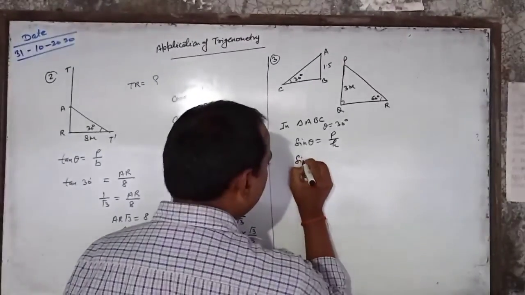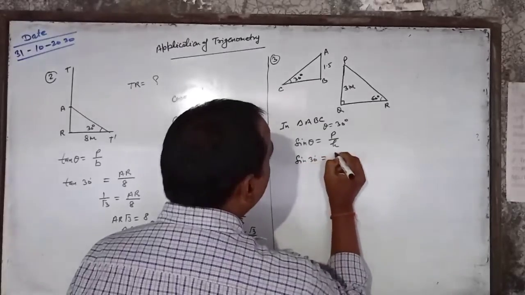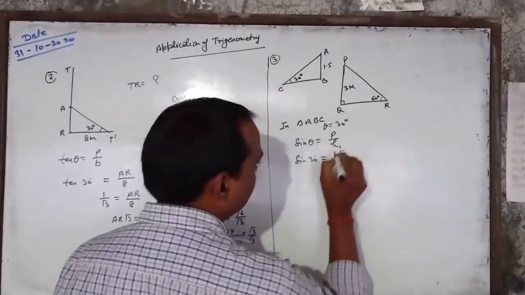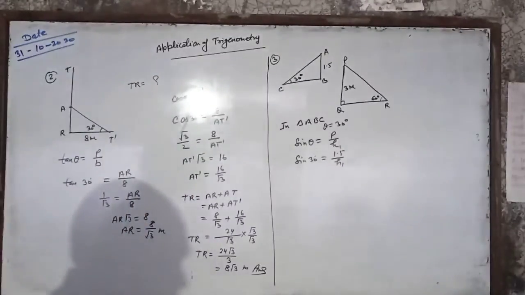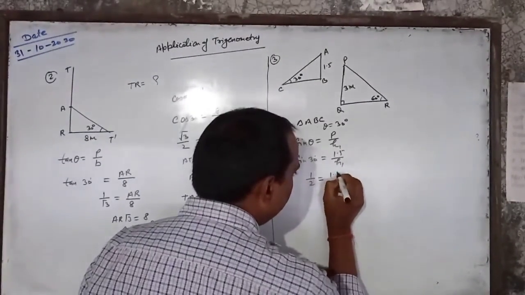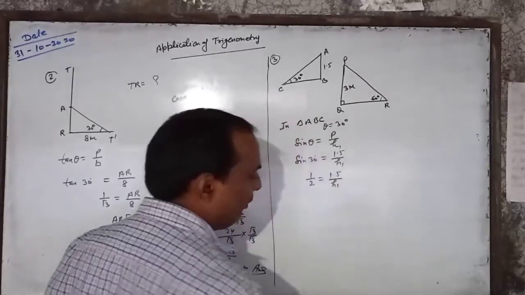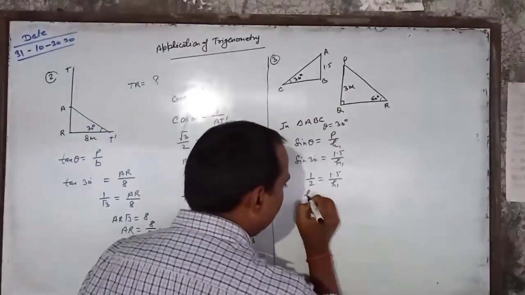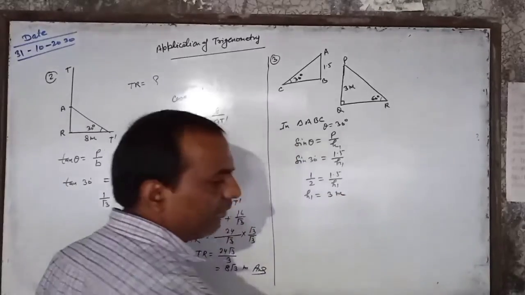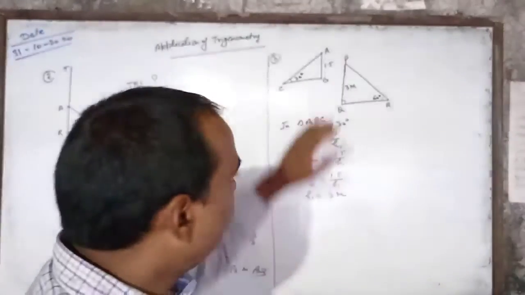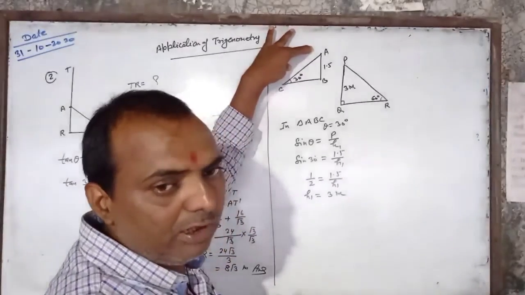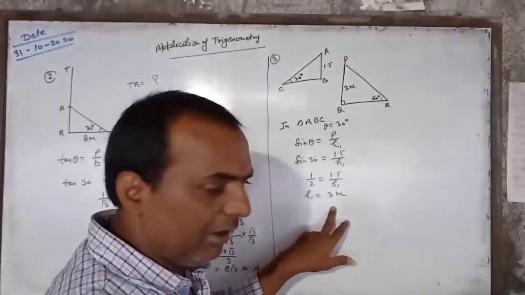Here sin 30, perpendicular 1.5, hypotenuse we have to find. Let it be H1. So sin 30 equal to 1 by 2 equal to 1.5 by H1, cross multiply, it means H1 equal to 3 meter. It means the length of the first slide for below 5 years old children is 3 meter.